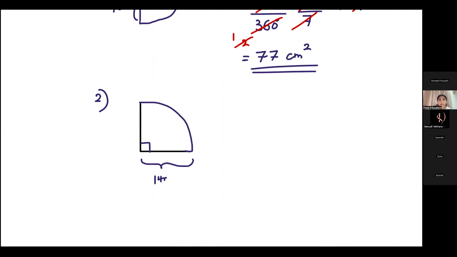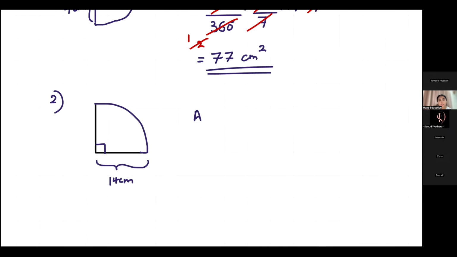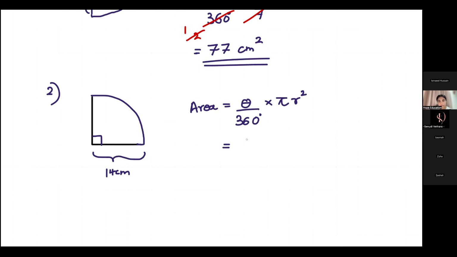Our formula, I told you, just remember the formula: area equals theta over 360 multiplied by pi r squared. Theta is the angle at the center. Here the angle at the center is 90 degrees.